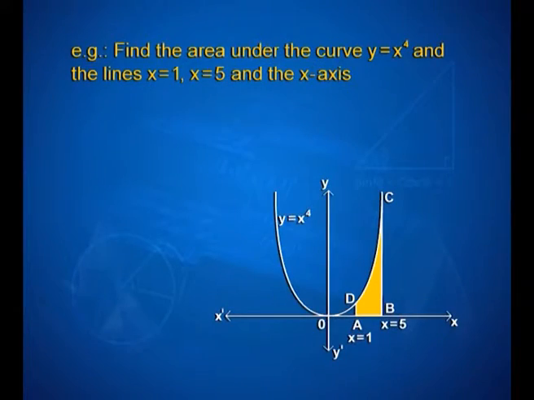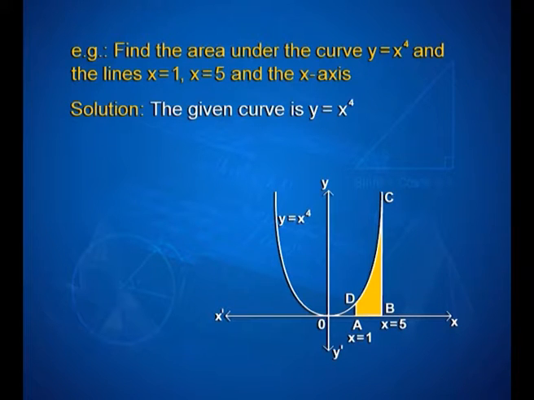Find the area under the curve y is equal to x to the power 4 and the lines x is equal to 1, x is equal to 5 and the x axis. For the solution, the given curve is y is equal to x to the power 4 with x axis and y axis, and the ordinates x is equal to 1 and x is equal to 5.